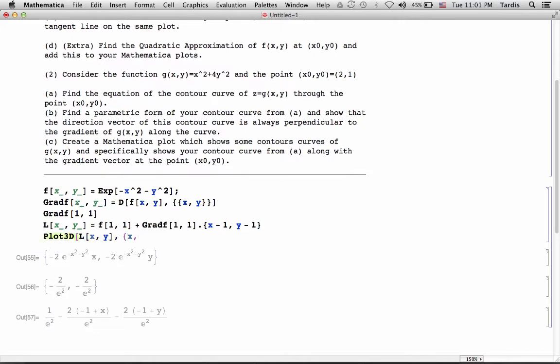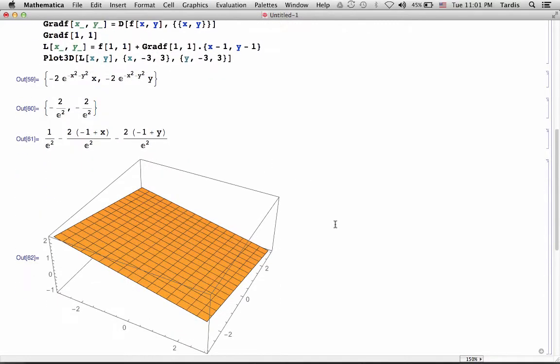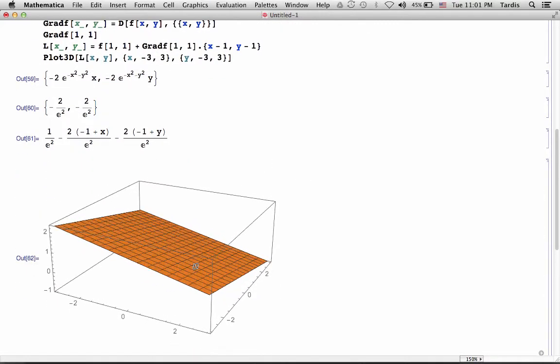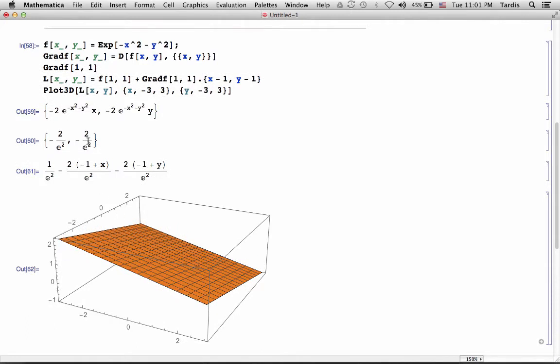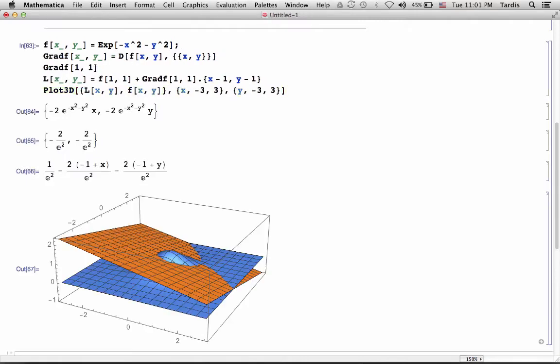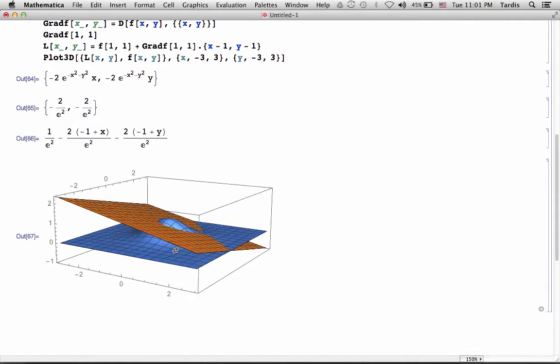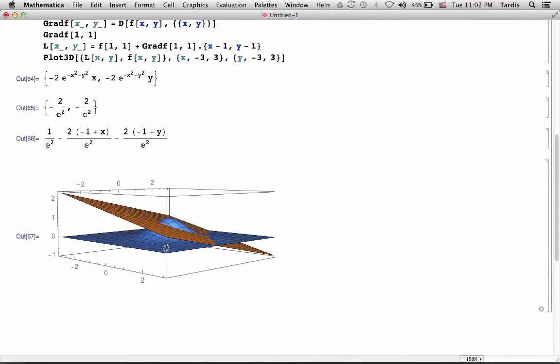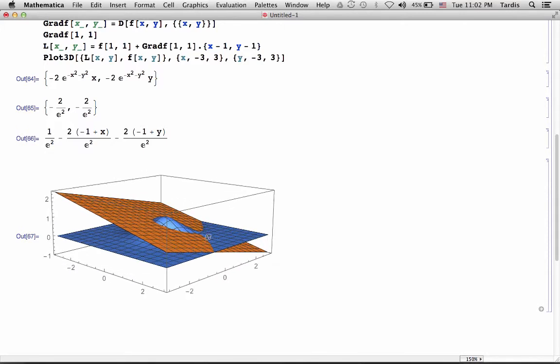And plot this, say, from -3 to 3, and I'll let you show the details here to build up the right plot. But there is a plane, and if you plot your function f of xy on top of that, you can see the function, and you can see its tangent plane at this point.